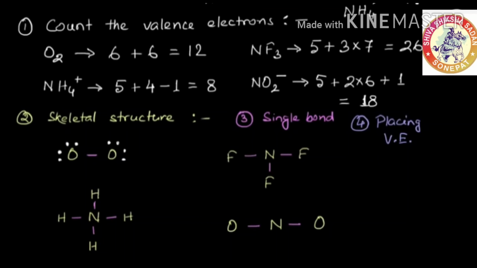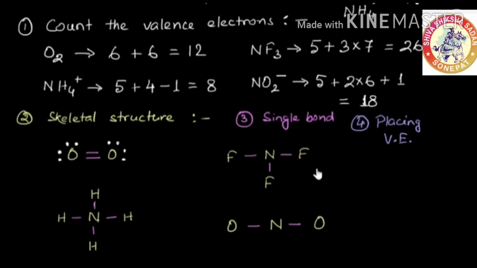These electrons are non-bonded electrons and are known as lone pairs of electrons. So the Lewis dot structure of the oxygen molecule is like this. Each atom of oxygen contains 4 electrons or 2 pairs of lone pair.